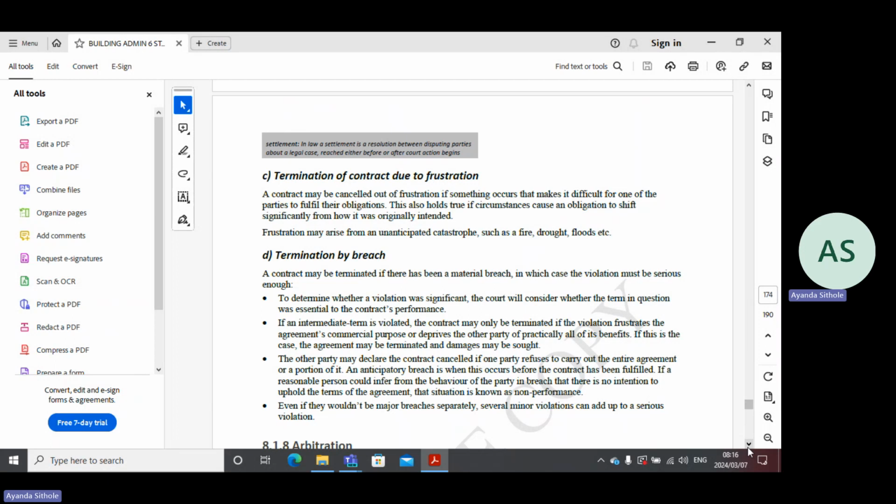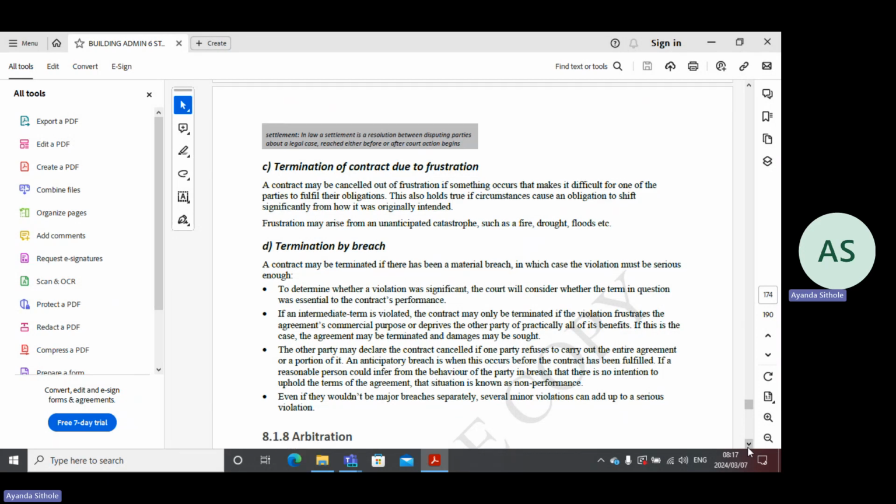If an immediate term is violated, the contract may only be terminated if the violation frustrates the agreement's commercial purpose or deprives the other party of practically all of its benefits. If this is the case, the agreement may be terminated and damages may be sought. Okay, so that is when we terminate the contract by breach.